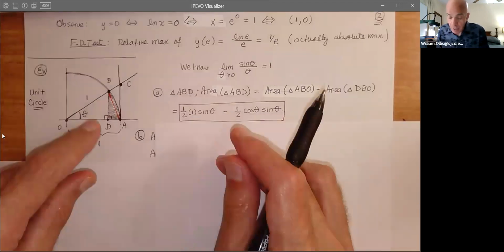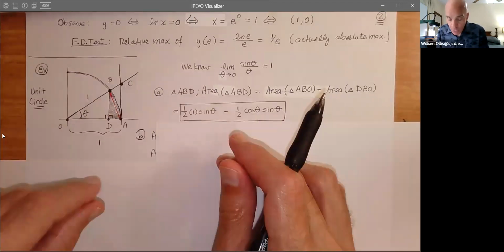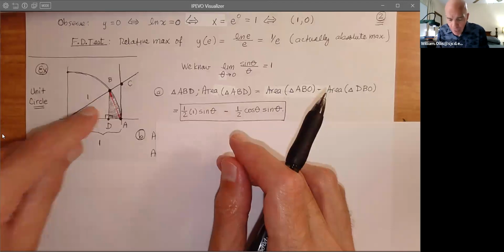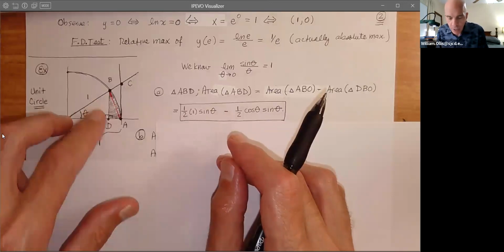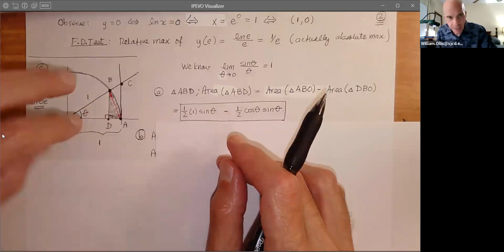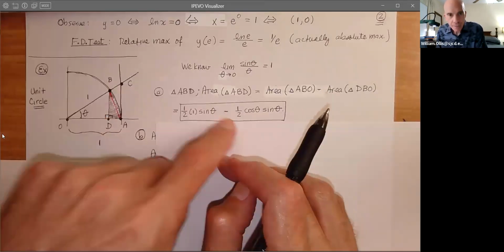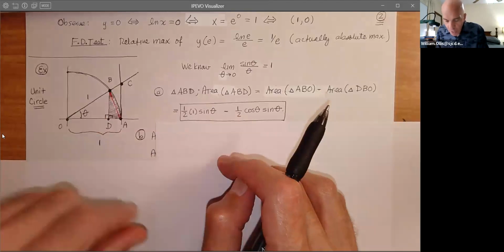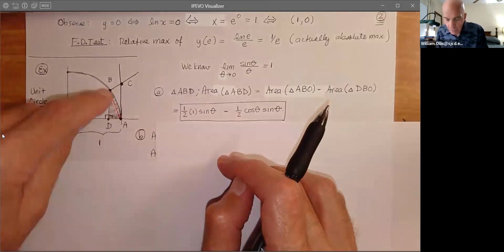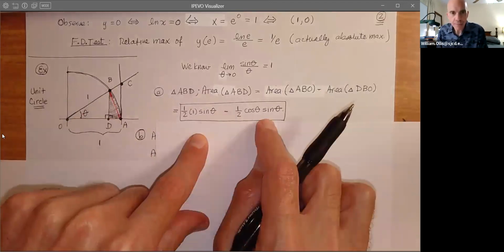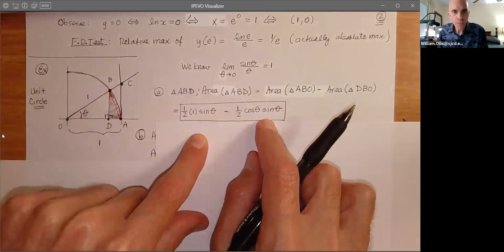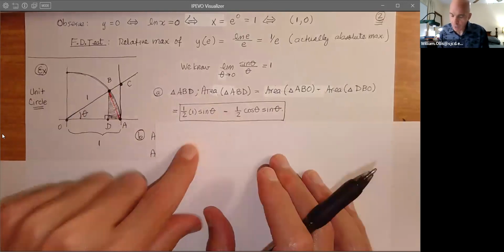And now for the smaller triangle, this triangle right here, again, we're going to use trigonometry, but we only have the base, which is cosine theta, again using the unit radius, cosine theta, sine theta times 1/2. So the area of the triangle here with the red hypotenuse, ABD, is this expression right here, relative to theta. So just very basic geometry.